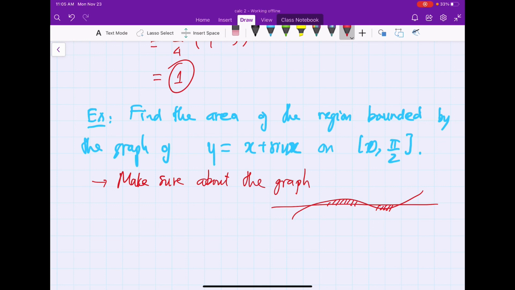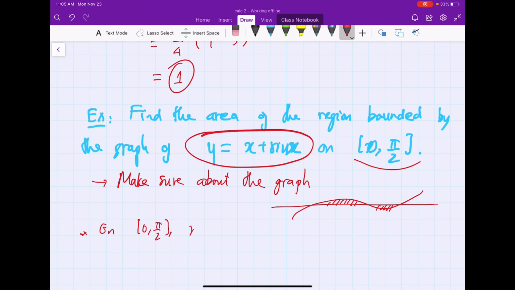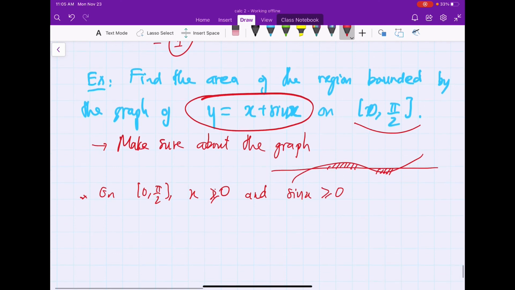Okay. So how to see that? Our function is y equal to x plus sine x, and we consider it on the interval 0 to pi over 2. On 0 to pi over 2, x is greater than or equal to 0, and sine of x is also greater than or equal to 0.